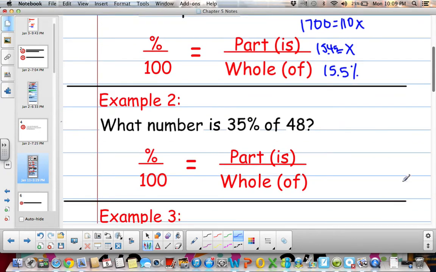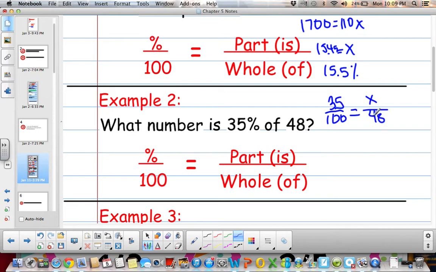Okay, moving on. What number is 35% of 48? Right away we're given our percent, so we can fill that in. And we don't change it because it's over 100, we leave it as the number. So it's 35 over 100 equals, we want to know what number is 35% of 48. We're taking 35% of 48, so that's going to be our whole, and then our part is x.